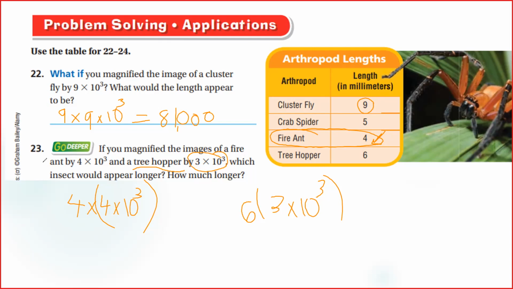Here, the ant. What is the length of the ant? It's 4. It's magnified by 4 times 10 to the power of 3, so you have to multiply 4 by this magnification size. The second one here, we have a tree hopper. Its length is 6, and now you magnify it by 3 times 10 to the power of 3. Now look at the ant. What is the size of the ant here?